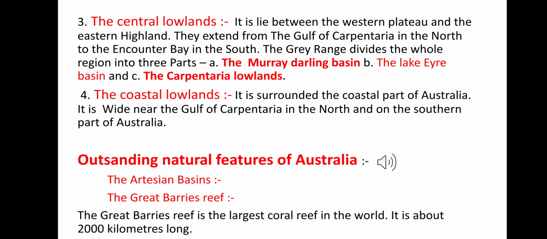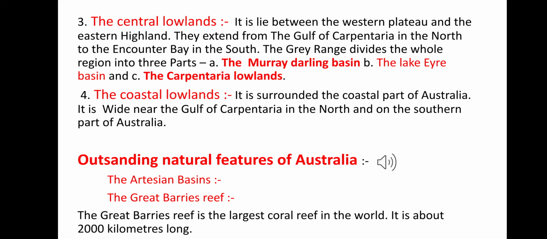The second part is the Lake Eyre Basin. It is a vast square-shaped area of inland drainage, and there are many salt lakes such as Lake Eyre, Lake Gairdner, and Lake Torrens, and Lake Eyre lies below sea level.